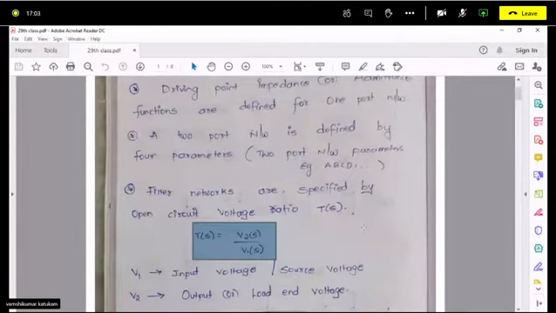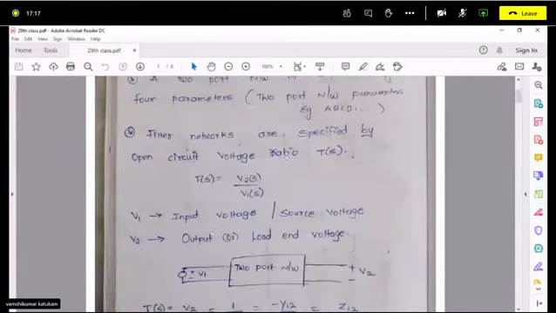But now for a two-port network, we define the transfer function, which is the open circuit voltage ratio V2 upon V1. V1 is the input voltage or source voltage, whereas V2 is the output voltage or load end voltage. The transfer function is V2(s) upon V1(s). This is the transfer function for a two-port network.